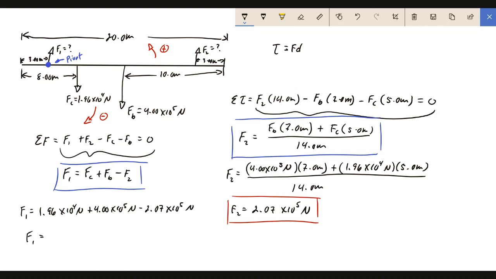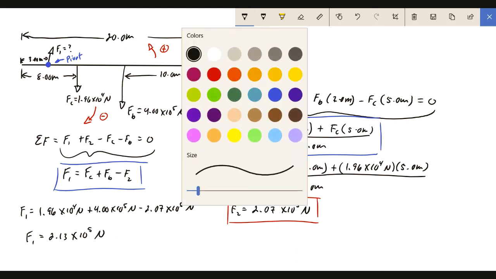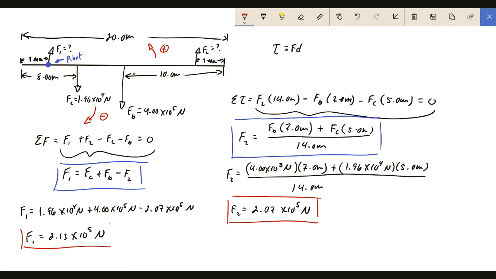And then I just combine those and I get 2.13 times 10 to the 5th newtons. And there we have it. We've got our two unknowns.